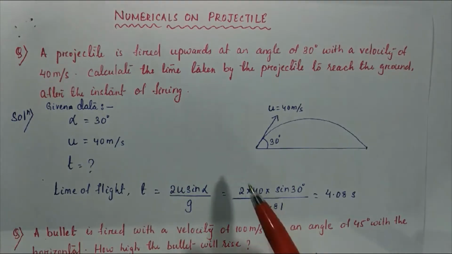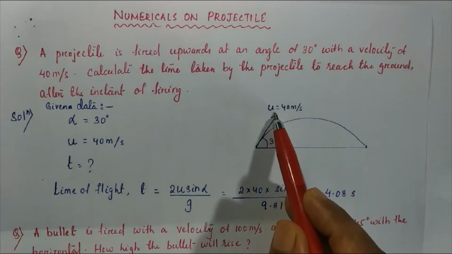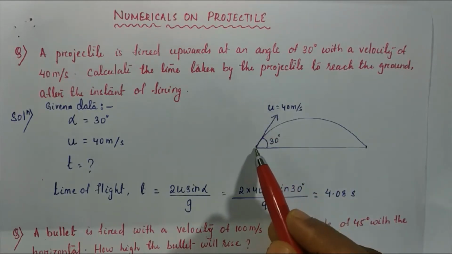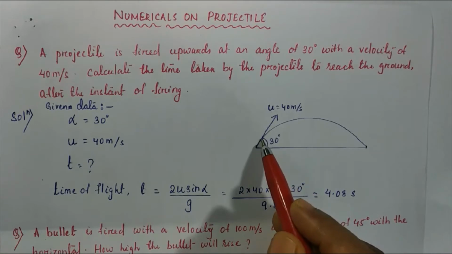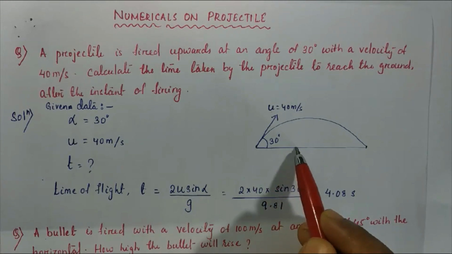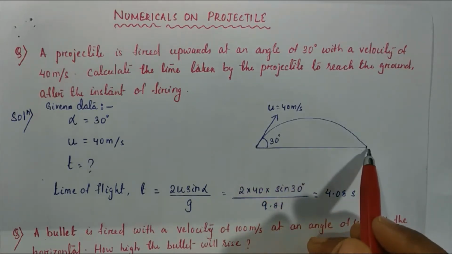So here we consider the projectile is fired with the velocity 40 meter per second, given in the question, at an angle of 30 degrees from the ground surface. What we have to calculate here is the time taken by the projectile to reach the ground.